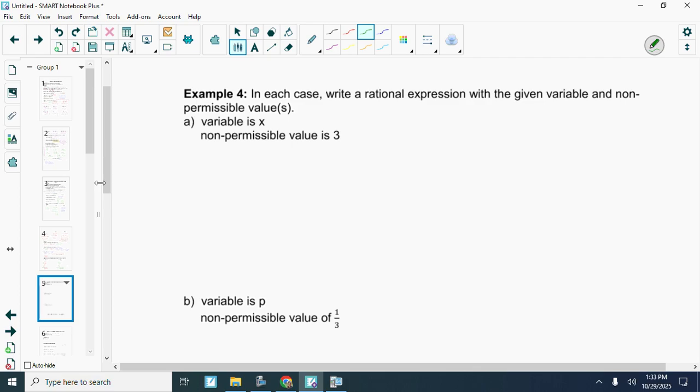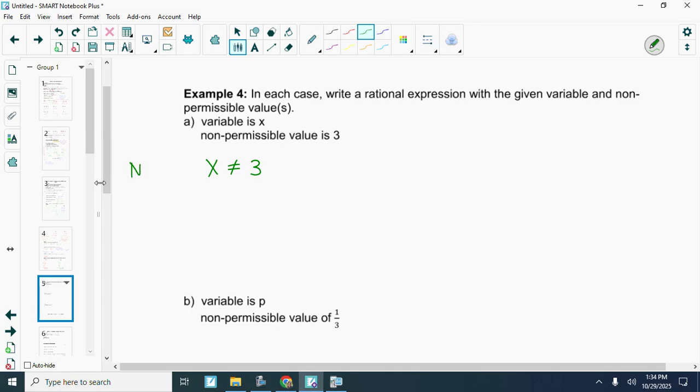Can you create the rational expression? How would you do that? So just take what you know: x cannot equal 3. That's what the non-permissible value is, 3.